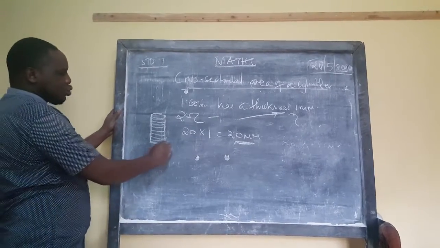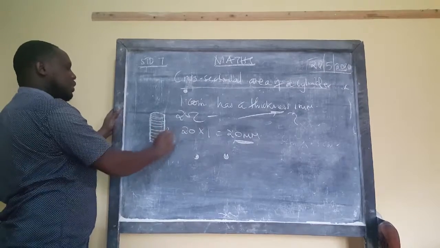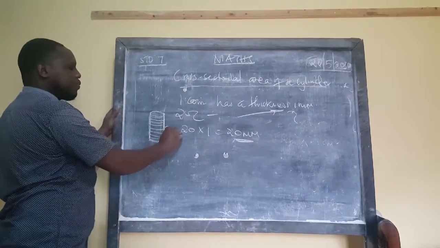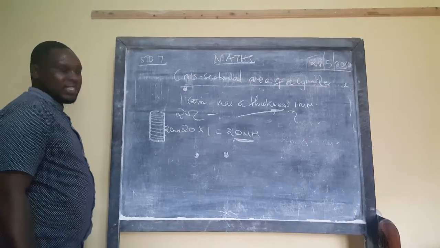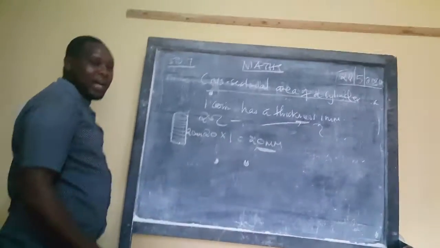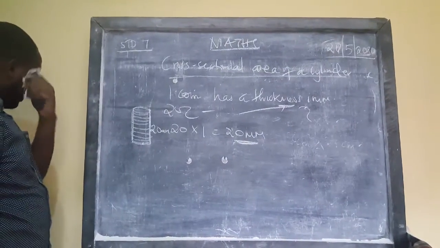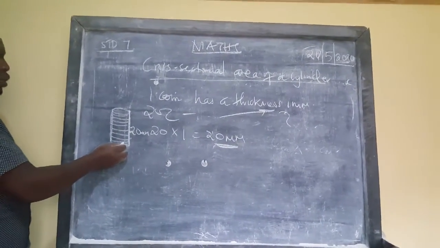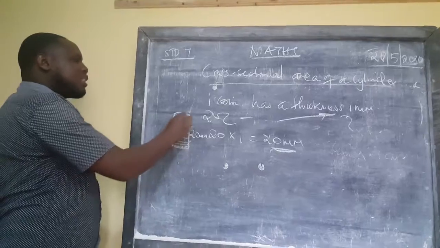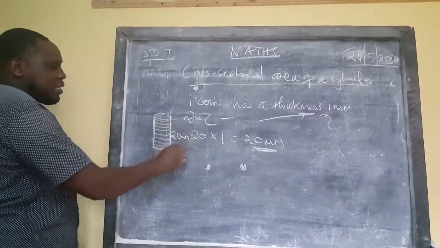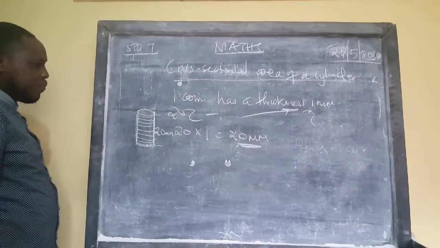So if they are 20, they are going to rise up to 20 millimeters. I don't know whether you are seeing that. The 20 millimeters becomes the height of that particular cylinder, because this is 1, 2, 3, up to 20 millimeters.